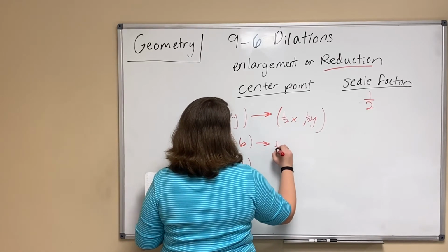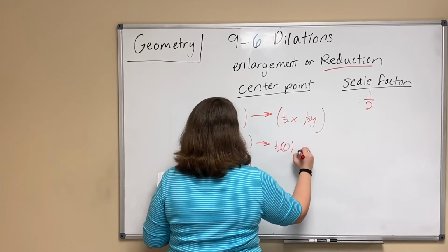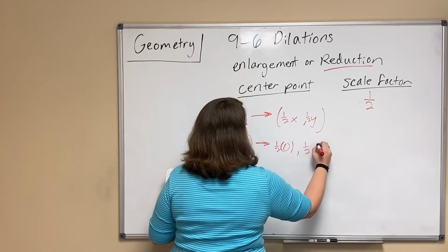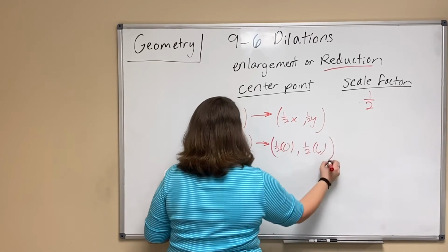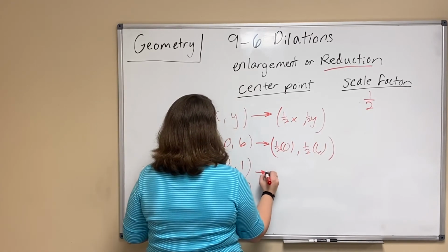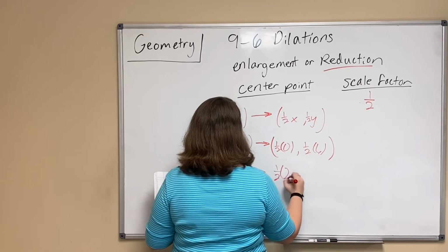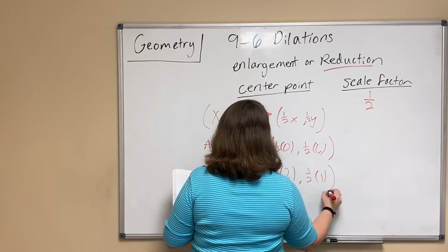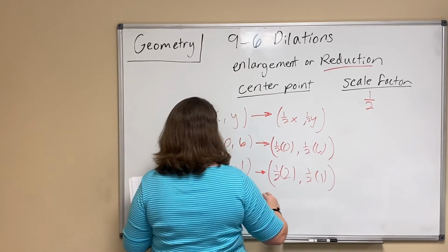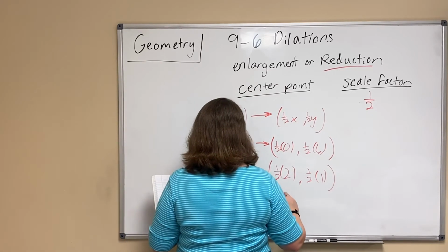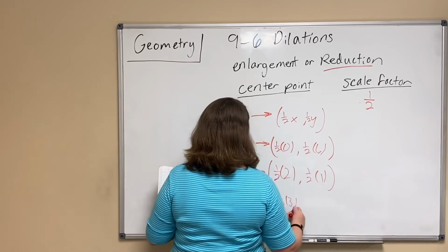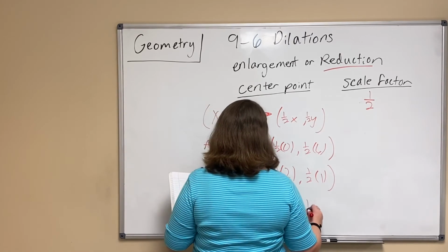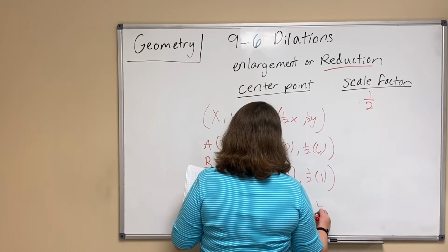So it's going to be 1/2 times 0, 1/2 times 6, 1/2 times 2, 1/2 times 1, 1/2 times 3, 1/2 times 4.